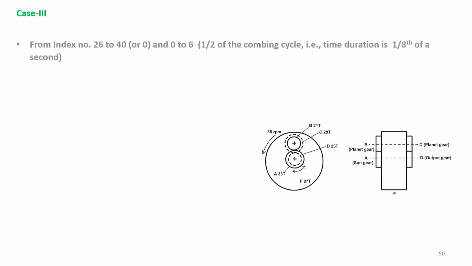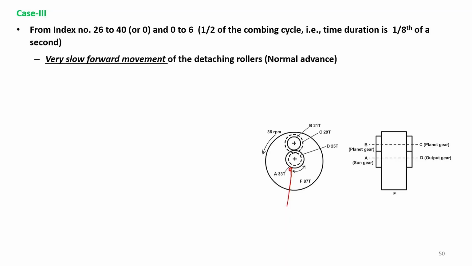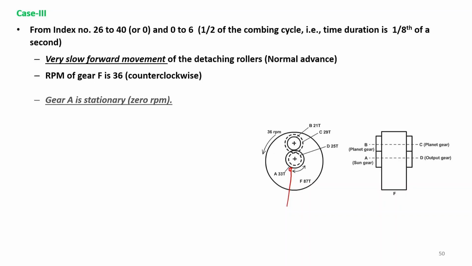And then normal forward, where A will stop its motion, very slow motion at a normal advance, the F gear will rotate in the same direction at 36 RPM, gear A is stationary, 0 RPM.